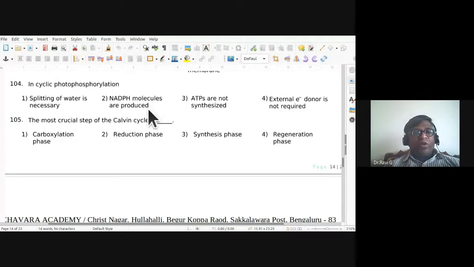NADPH molecules are not produced. ATPs are not synthesized? That is also wrong. ATPs are synthesized here. So this statement is also wrong. External electron donor is not required. So this is the correct statement. So 104, D is the answer.